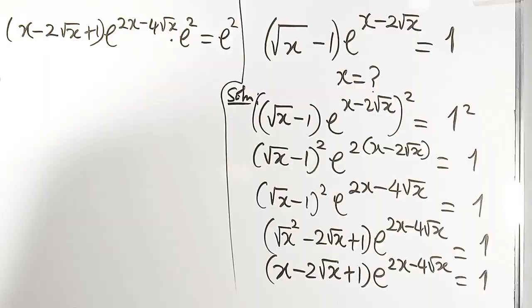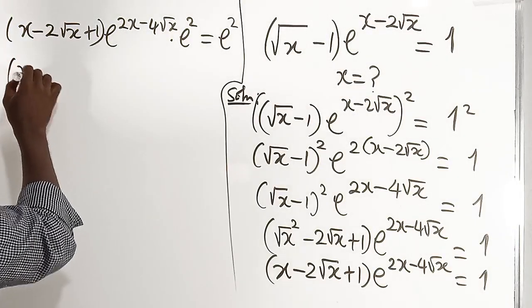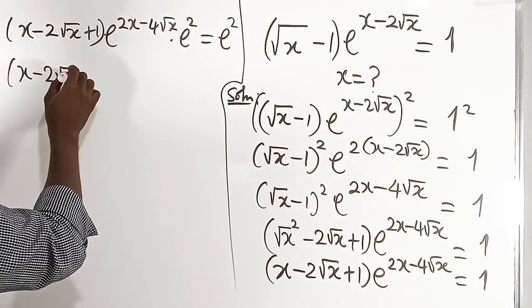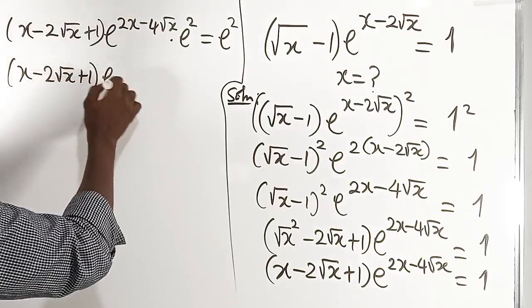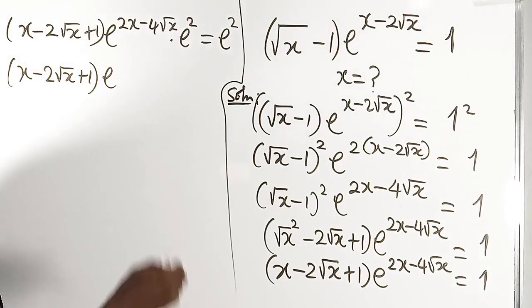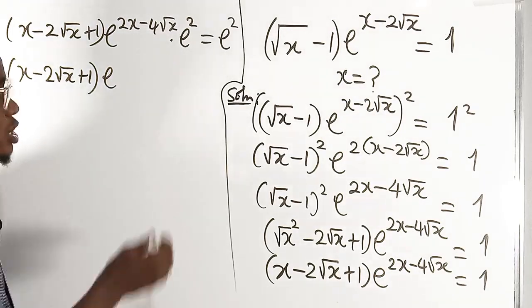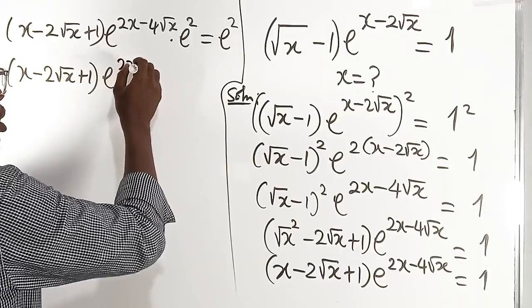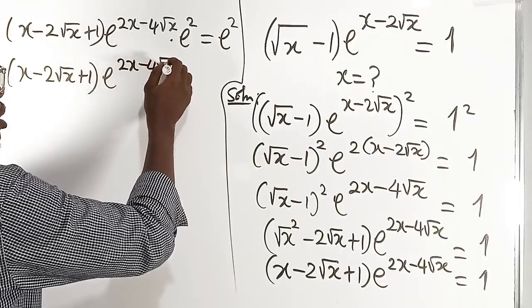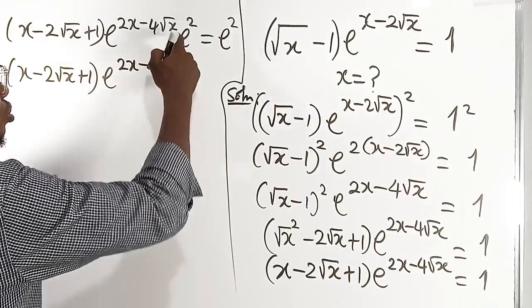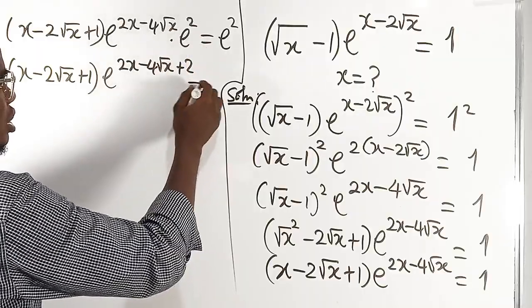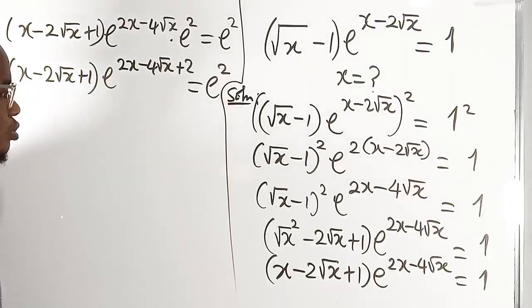Do you understand? So from there, x minus 2 root x plus 1 will be equal to e. Now, applying the law of indices, we are going to have 2x minus 4 root x, then plus 2 as the power of e, equals e to the power of 2.